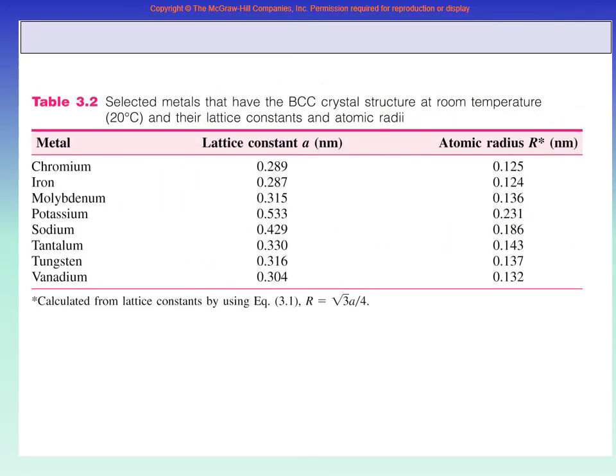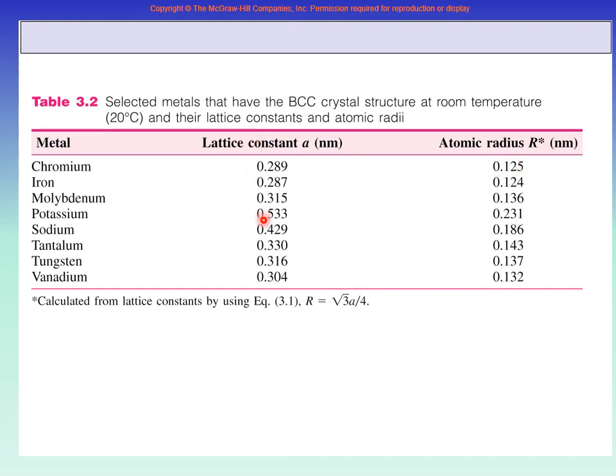We show a table now. This is a remarkable table. The first time you see that there are different metals. All these metals, chromium, iron, molybdenum, potassium, sodium, tantalum, tungsten, vanadium, are very common engineering materials, most of them. The lattice constant A, the size A in nanometers, and the atomic radius R in nanometers. This is from the basic atomic theory that we have done in chemistry and physics.